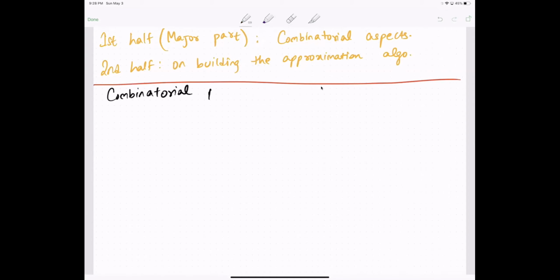The main theorem that we want to prove today is the following.